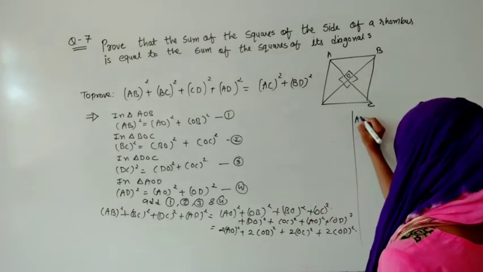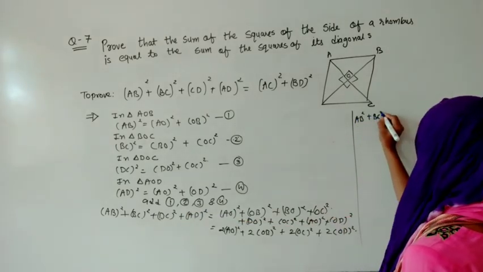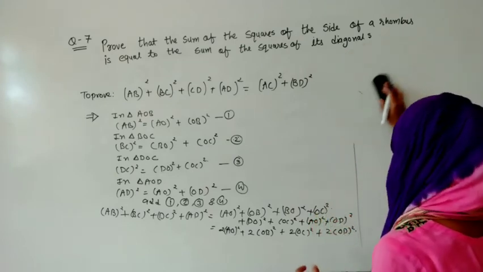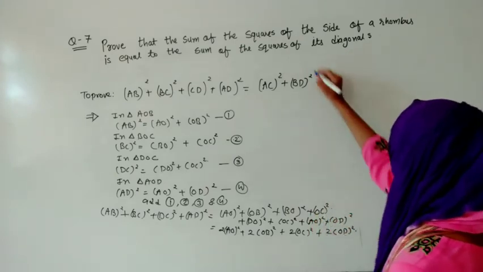Means here we will write AB square plus BC square. Let me write over here. Let me rub this figure because of space. Let us write over here.